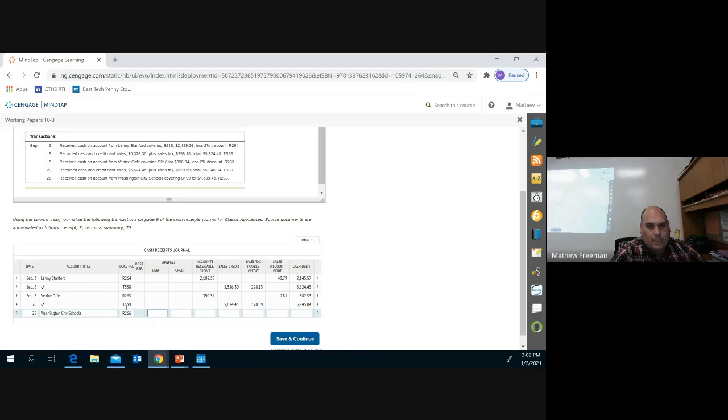And looks like accounts receivable of 1509.45. Looks like there's no discounts. The cash debited should be that amount. That's all. Let me go fix these here.